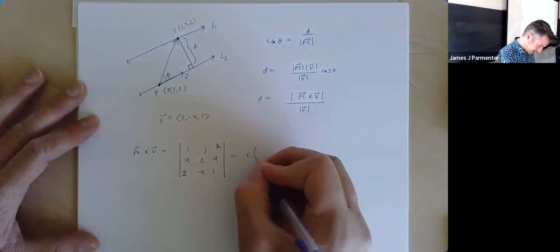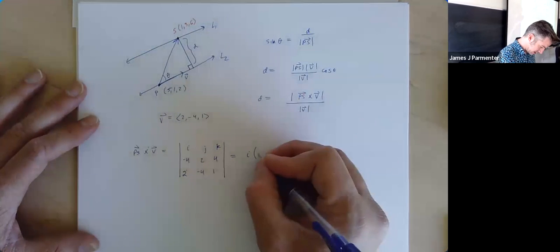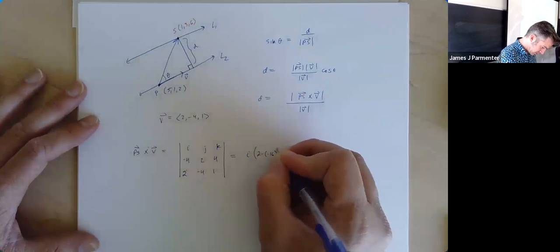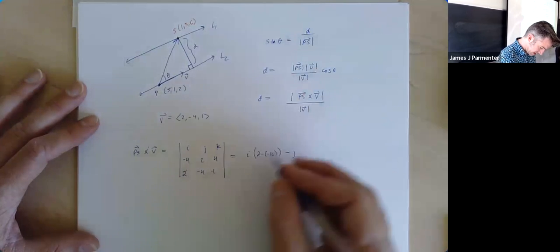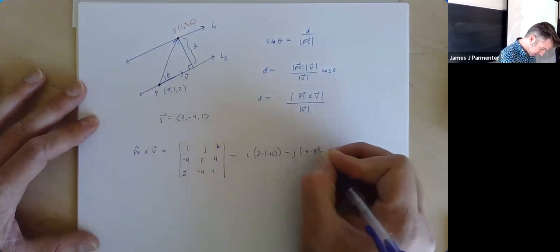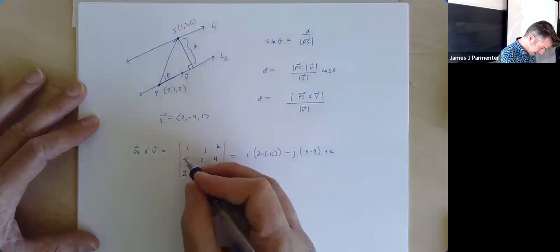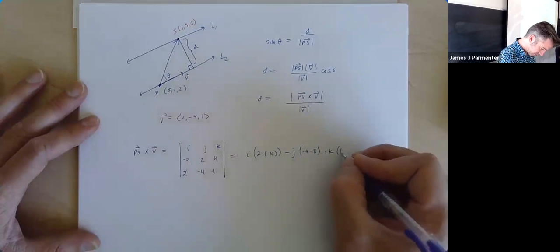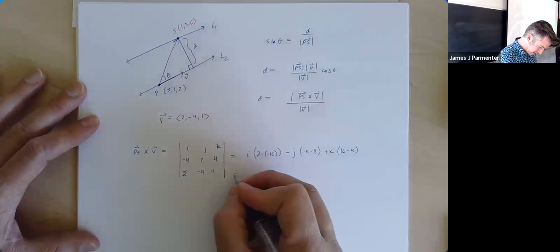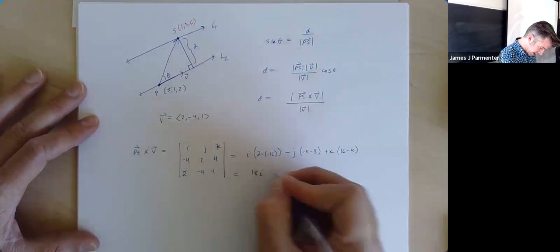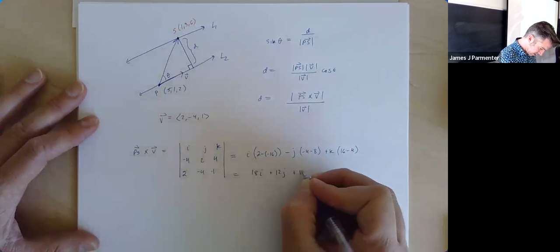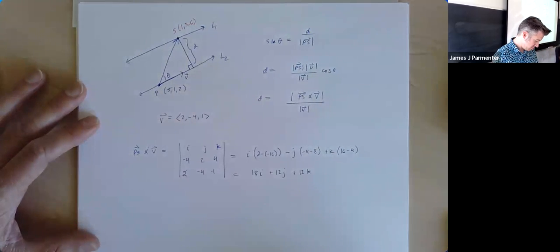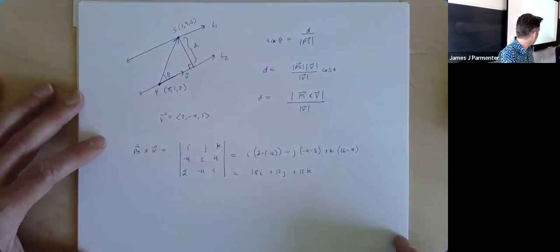We're going to get I times 2 minus -16, minus J times -4 minus 8, and K times 16 minus 4. So that's going to end up being 18I plus 12J plus 12K. Doesn't seem particularly interesting, but all right.